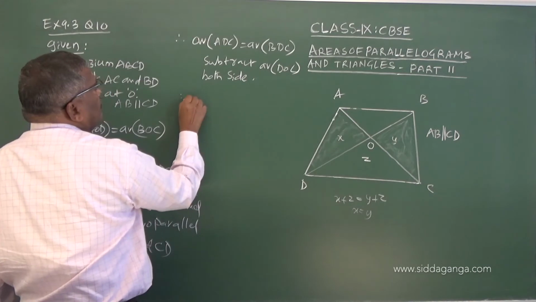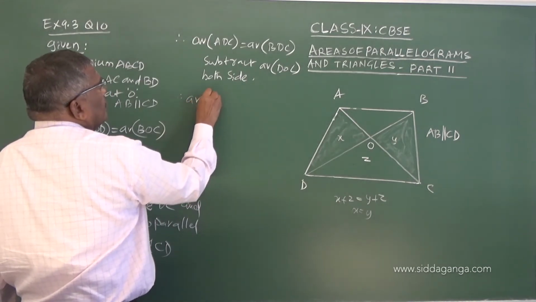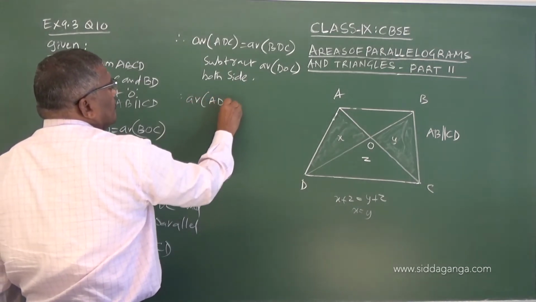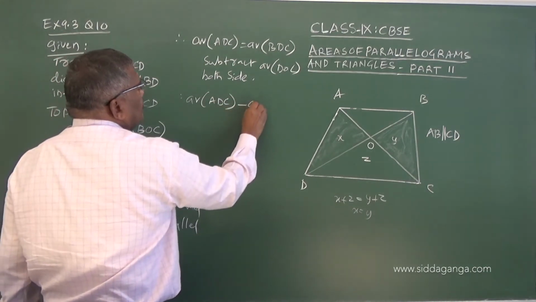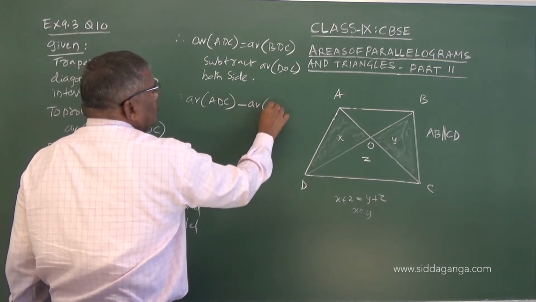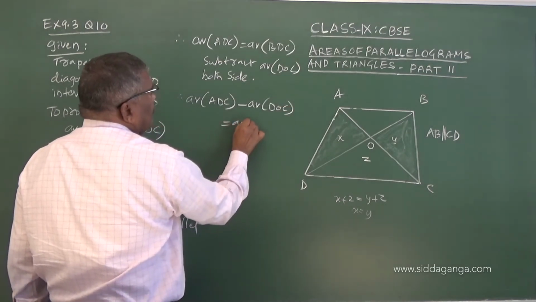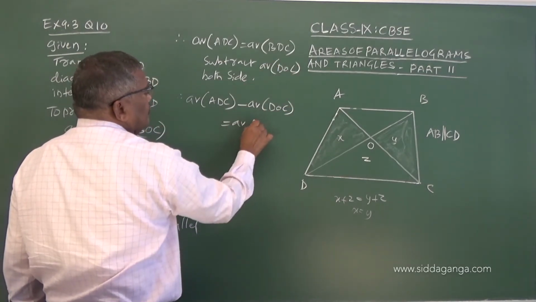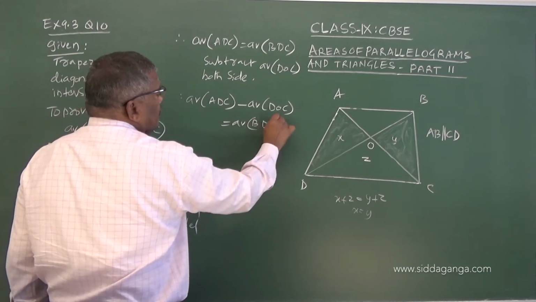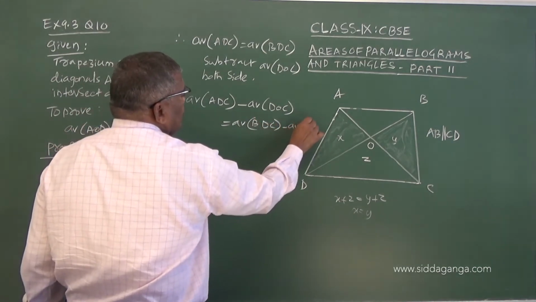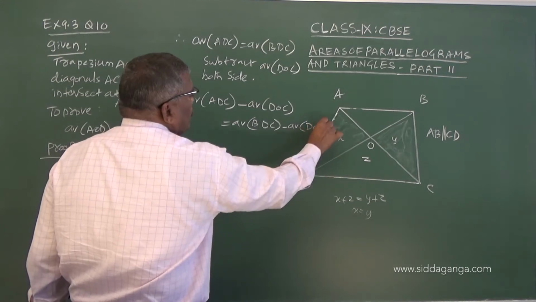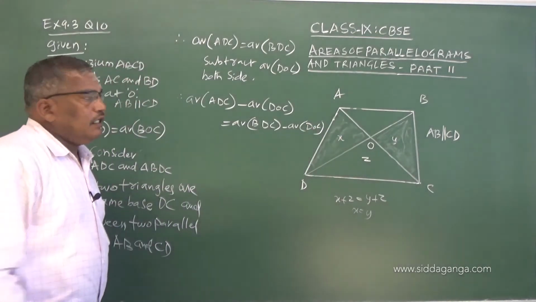Therefore, area ADC minus area DOC equals area BDC minus area DOC. So I have deducted DOC both sides.